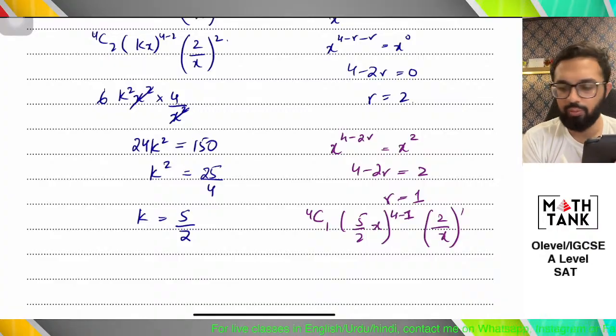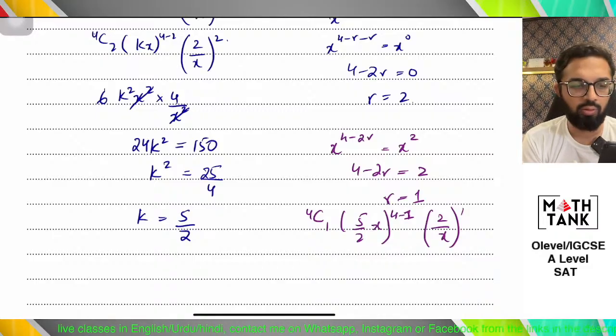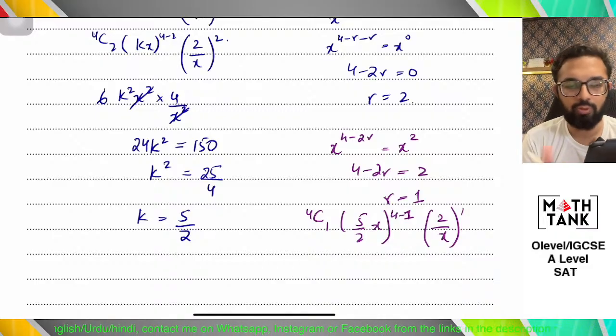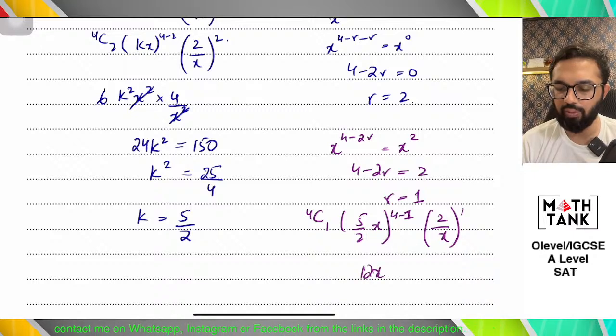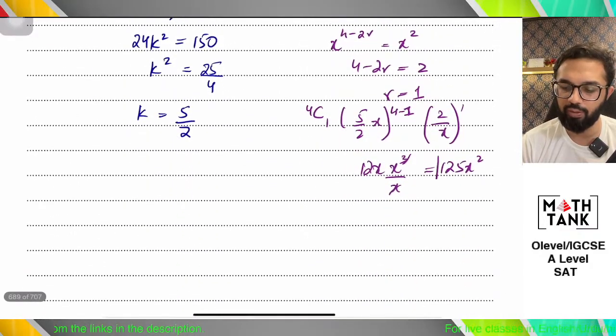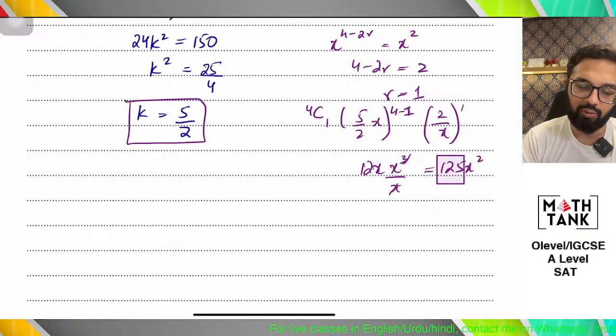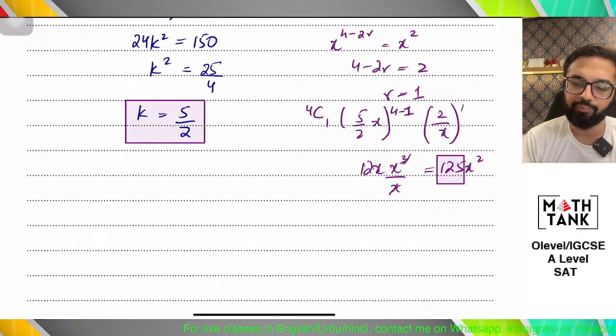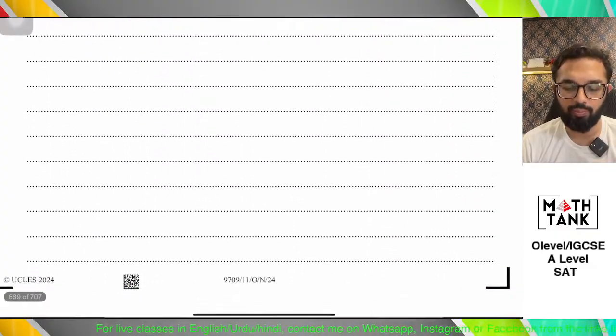So 4 into 2.5 cubed into 2 gives me 125x cubed over x. I just want the coefficient, so my answer is going to be 125. I'll make a box over it to indicate that that's my answer. That was my other answer for k. Okay, that's question number 1.